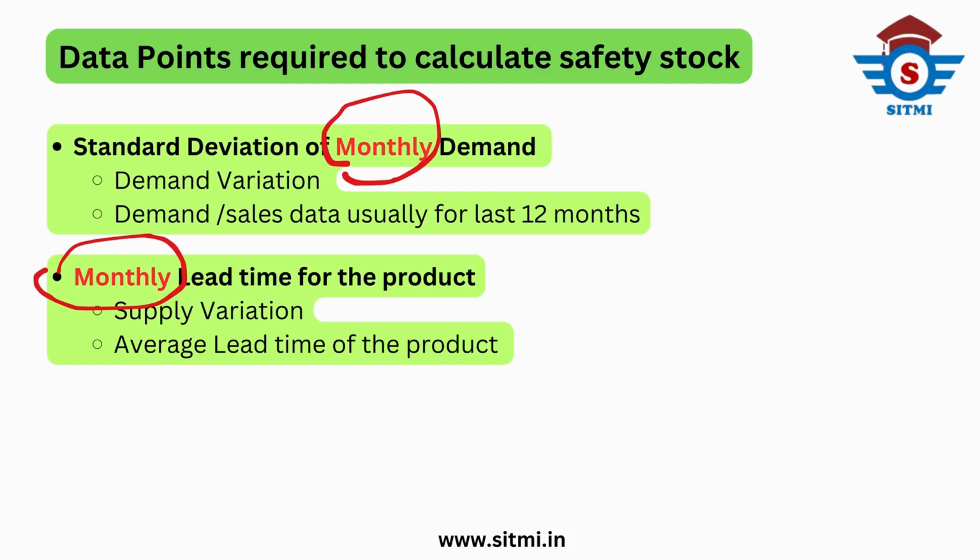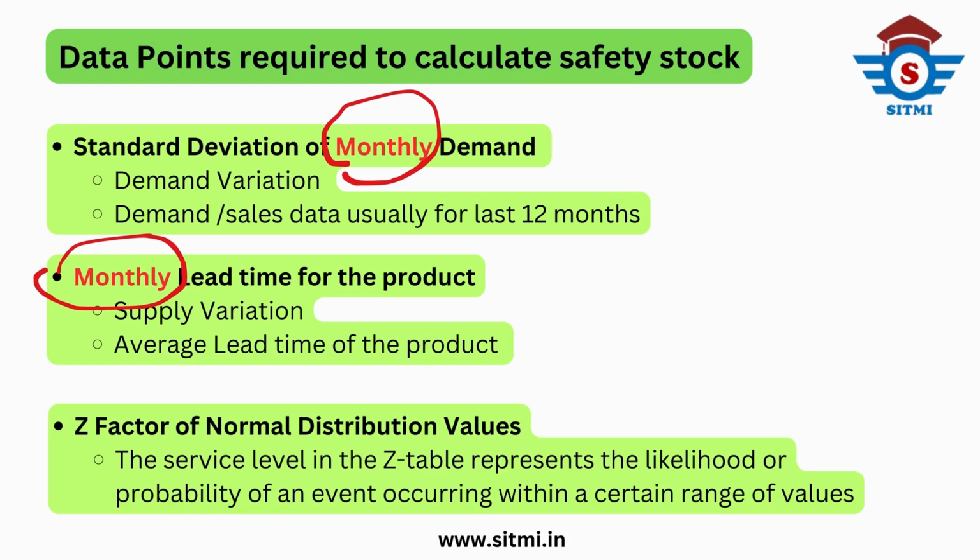The third data point that we need in our safety stock calculation is the Z factor of the normal distribution value. This Z factor is basically the service level in a Z table, which represents the likelihood or probability of an event occurring within a certain range of values. For example, if we consider a service level of 95%, then that means there is a 95% probability that the demand for a product will be met from available inventory without any shortages or stockouts.